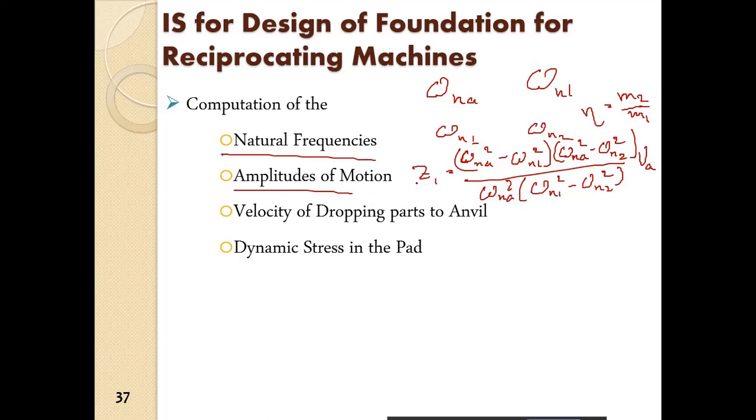So this is the maximum amplitude of the anvil. Similarly, you will have the maximum amplitude of the foundation also.